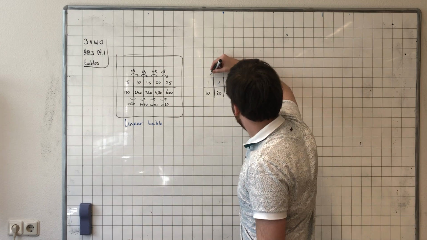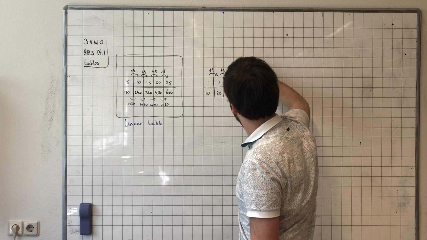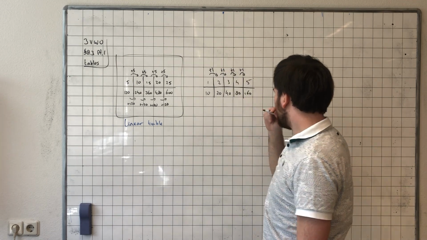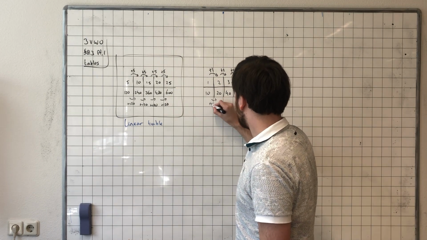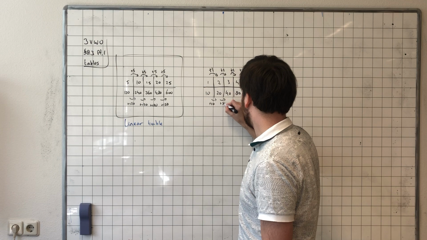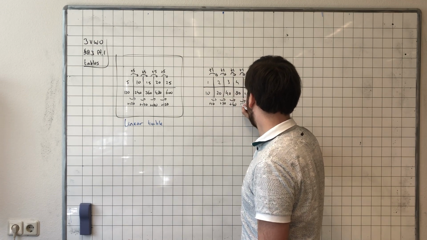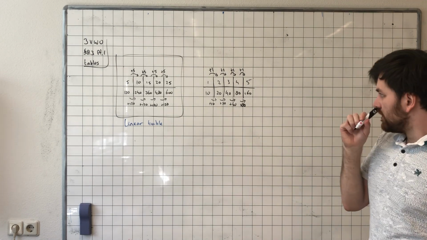If you look at it like we just did, this is plus 1, plus 1, plus 1, plus 1. Then you might already think, okay, we have another linear table again. But then at the bottom, this is plus 10, plus 20, plus 40, plus 80. So at least something different is going on.